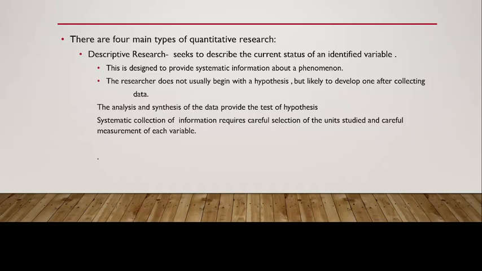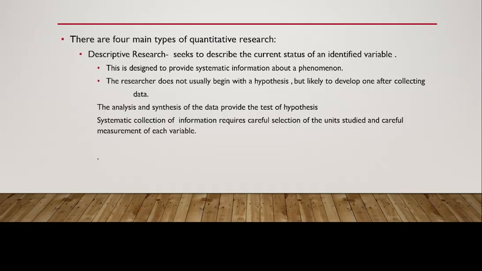Now, there are 4 main types of quantitative research. 1, we have descriptive research. Descriptive research seeks to describe the current status of an identified variable. It is designed to provide systematic information about a phenomenon.